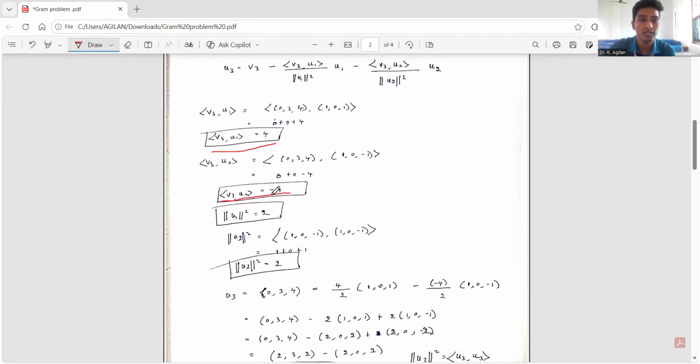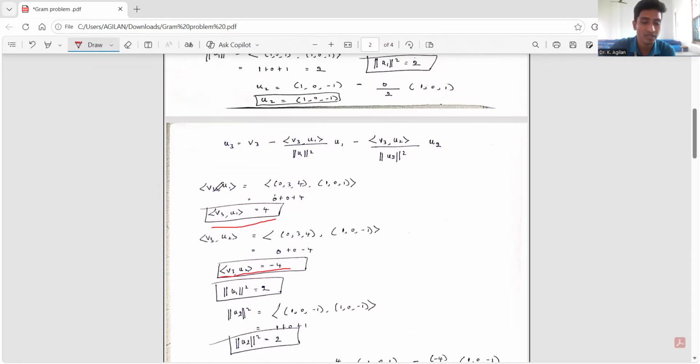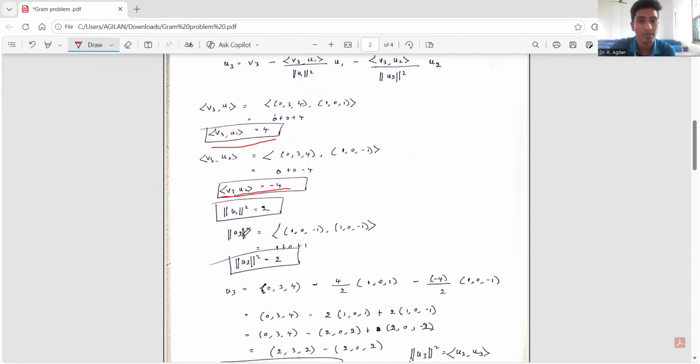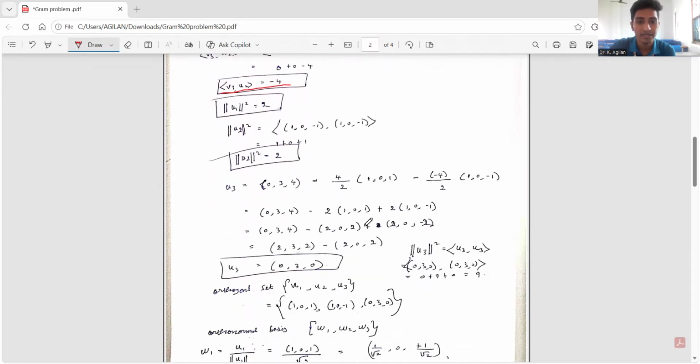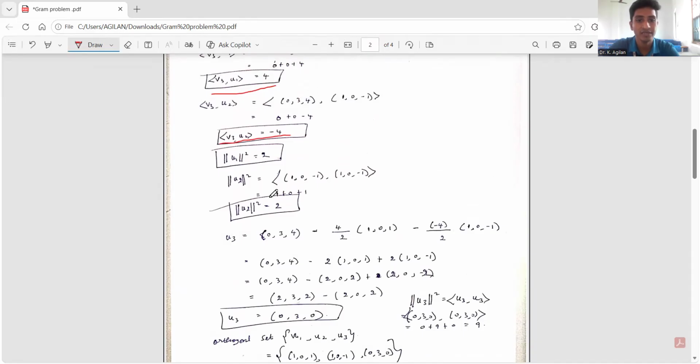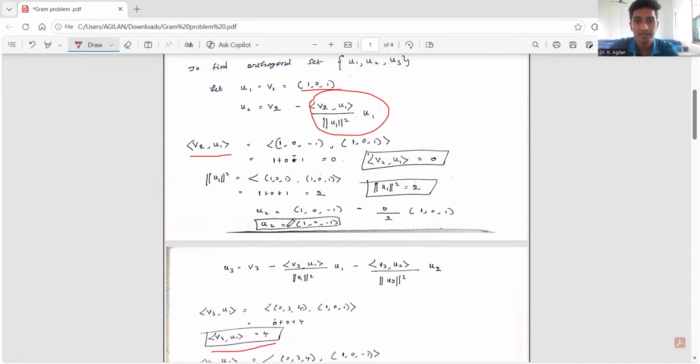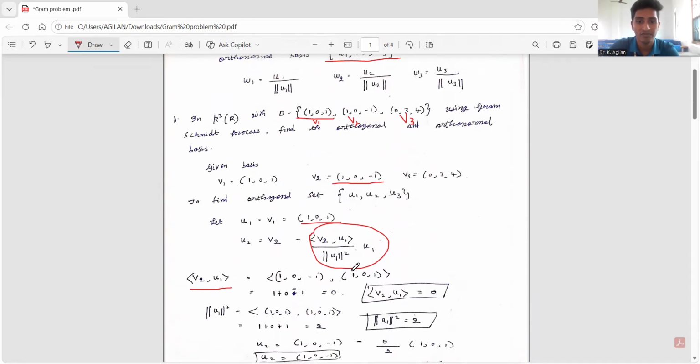So substitute the values: V3, inner product of V3 comma U1, inner product of V3 comma U2, norm of U1 square, norm of U2 square. V3 is nothing but 0 comma 3 comma 4.